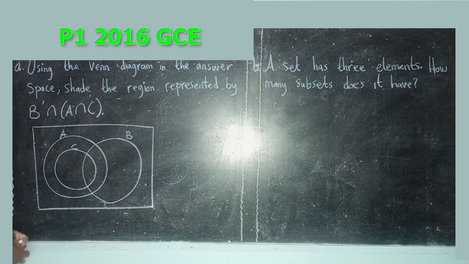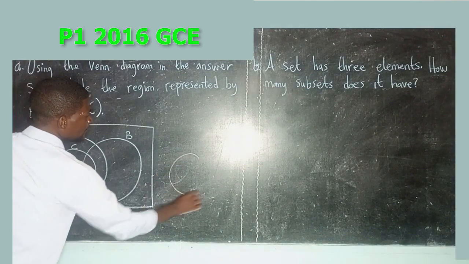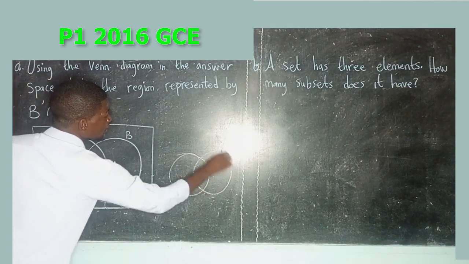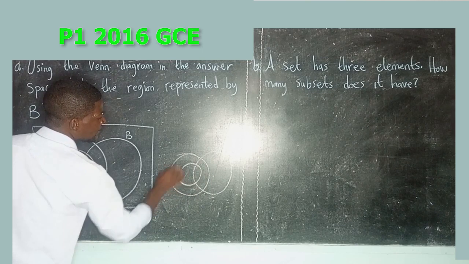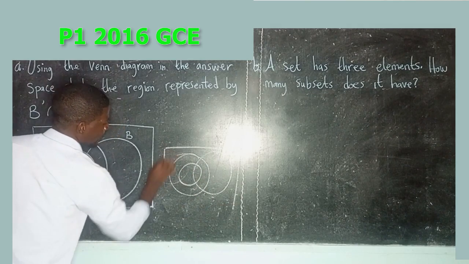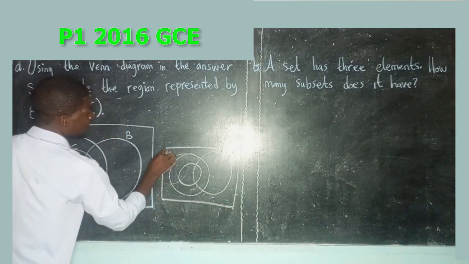In this question, what they are requiring us to do is to shade this on the Venn diagram that we have. However, we won't just go ahead and shade. Let us come up with a mini Venn diagram which is going to help us to find the answer.